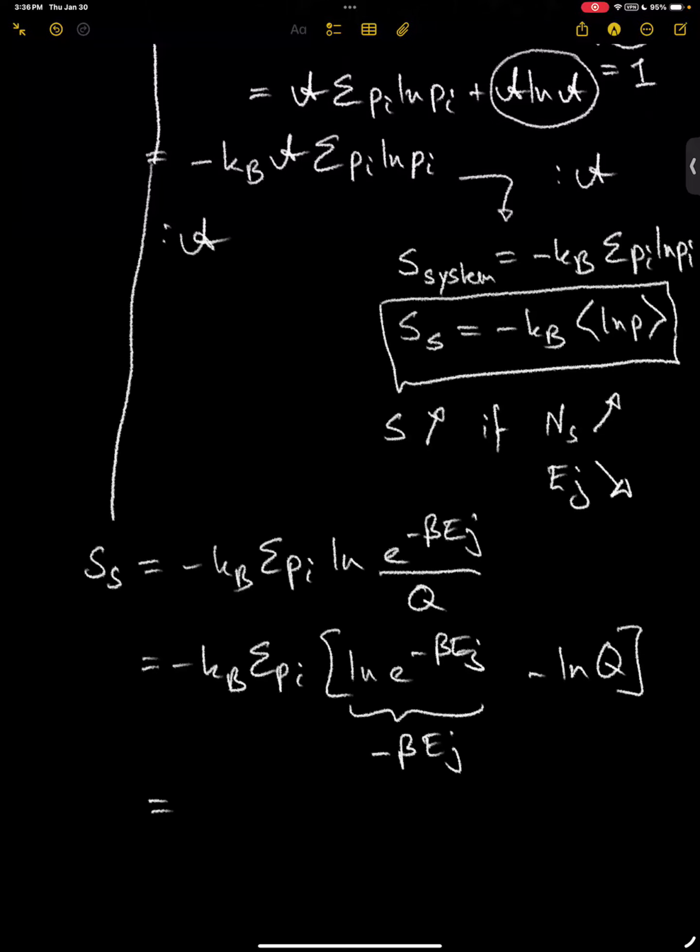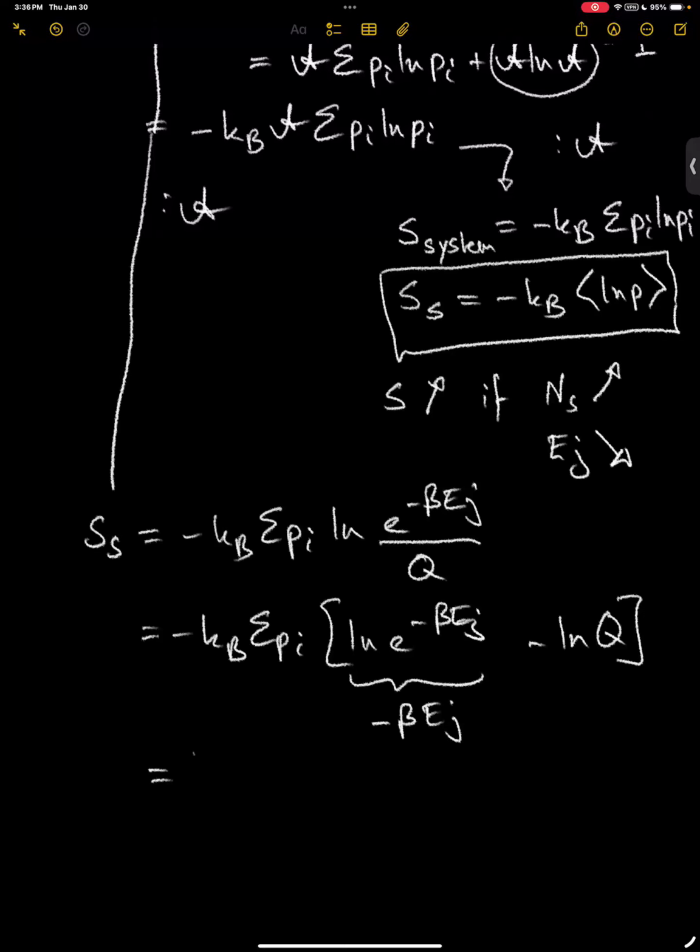So this gives me kB beta sum over p_i. Oh, and I'm truly sorry, I messed up big time here. To be consistent, this is of course the energy E_i.